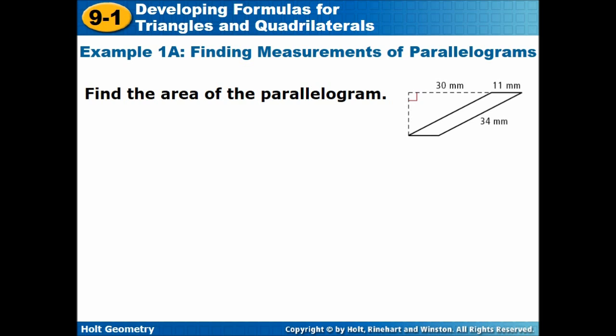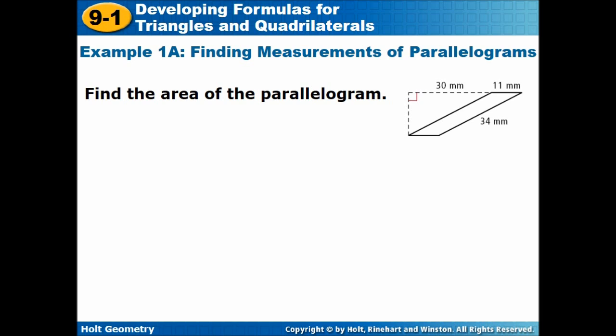So if you will notice, what they've done here is they've attached a right triangle to the right side of the parallelogram. And if you look at that right triangle, you'll notice that the third side basically is the left-hand side of the parallelogram, which we know should be 34 millimeters. Now, how do we know that?